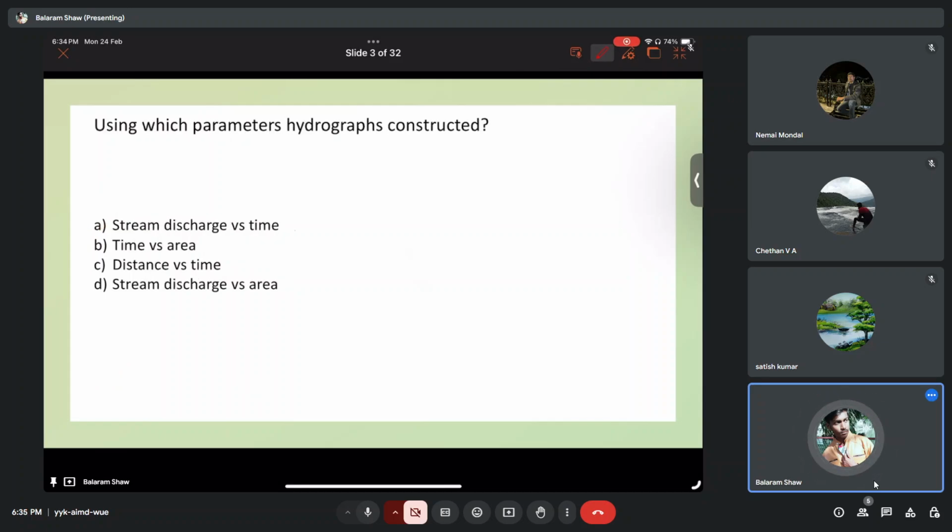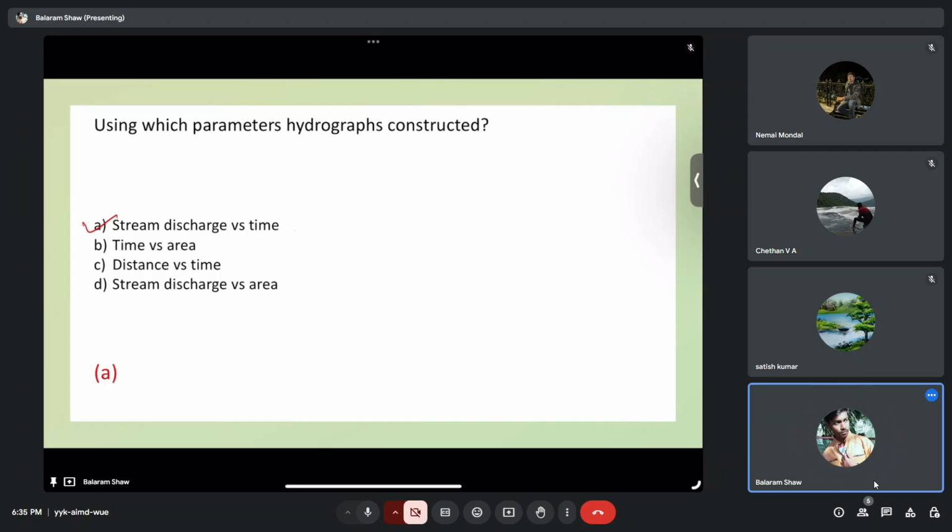Next question is, using which parameters are hydrographs constructed? So we know a hydrograph is the plot between discharge versus time, right? So the correct answer is stream discharge versus time. Okay, so the correct answer again is A only.